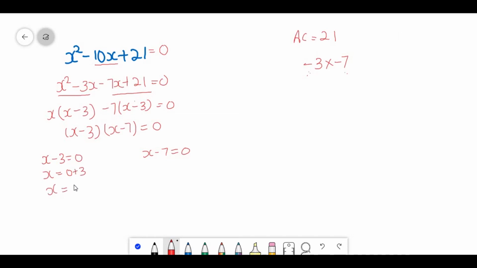Therefore, x is equal to 3. And in this case, when we carry across the negative 7, x is equal to 0 plus 7 because it becomes the opposite of what it is. So x is equal to 7. So when we solve this quadratic equation, x squared minus 10x plus 21 equals 0, we found that x is equal to 3 and x is equal to 7.